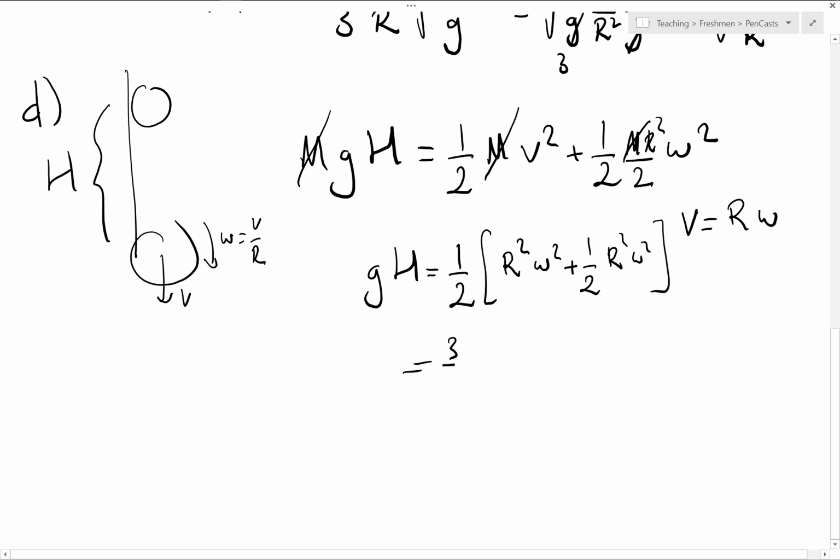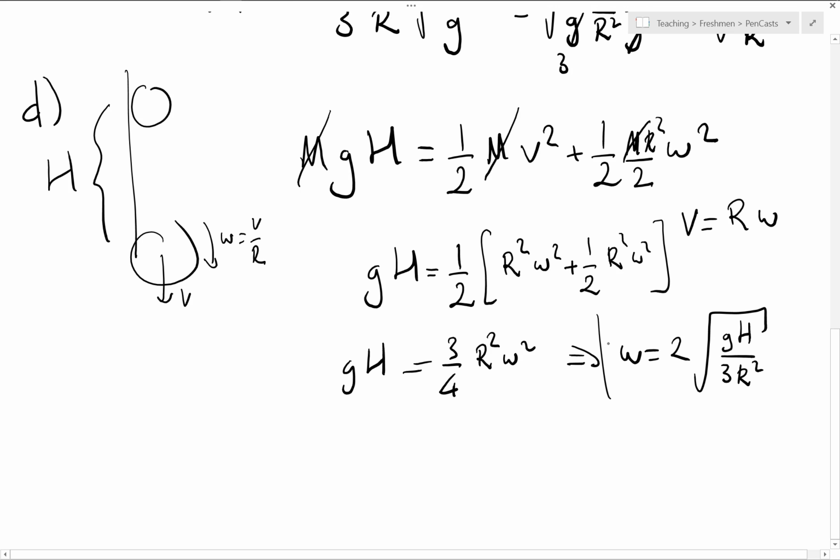Overall, it's going to be 3/4 R squared omega squared. Omega is 2 times the square root of gh over 3 R squared.